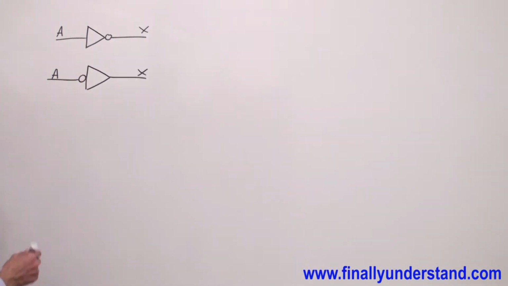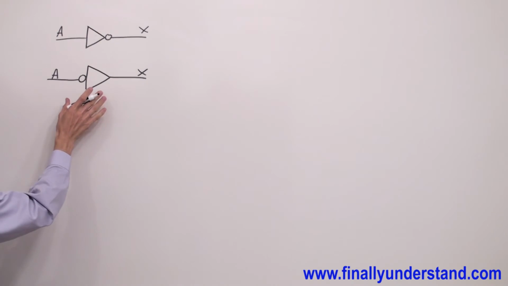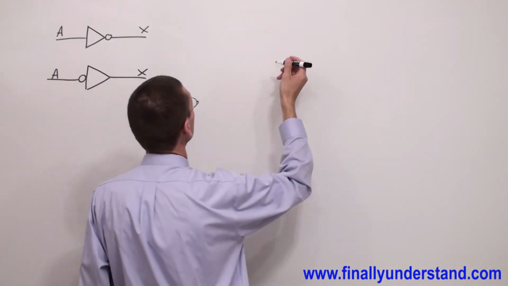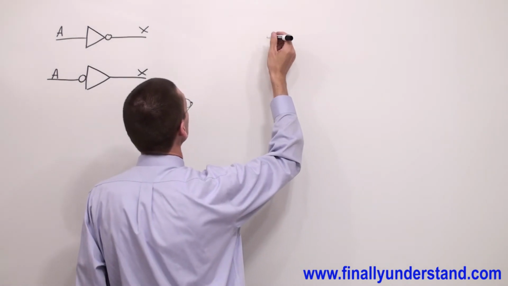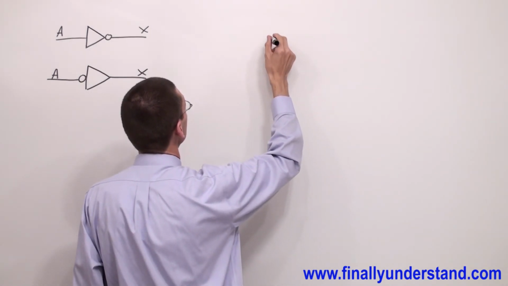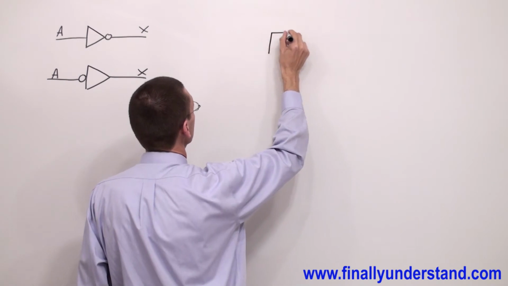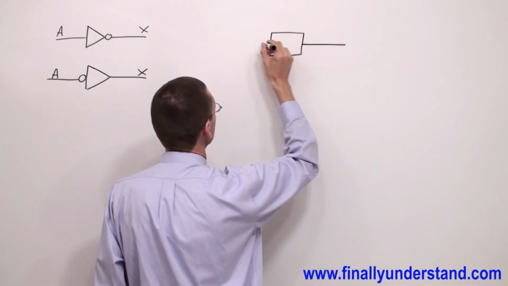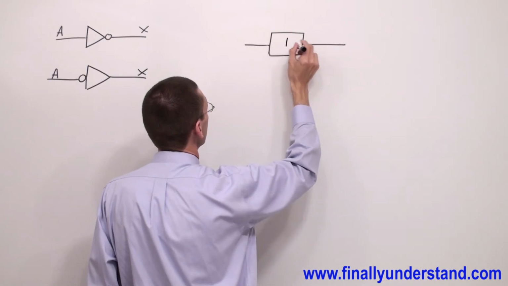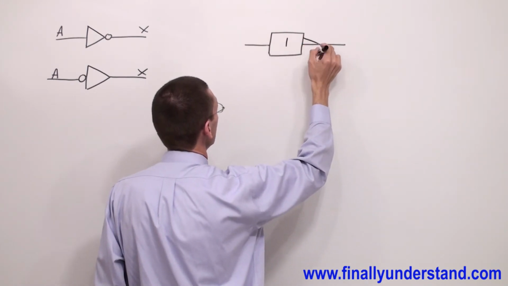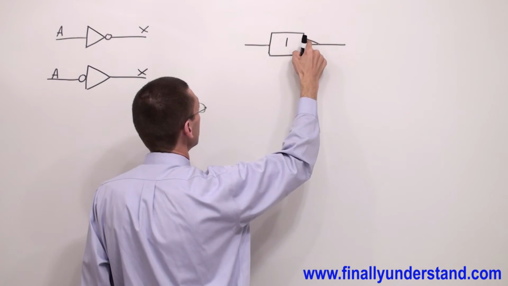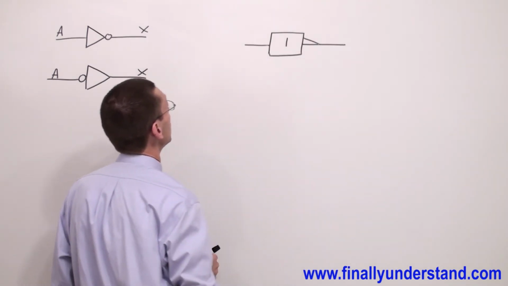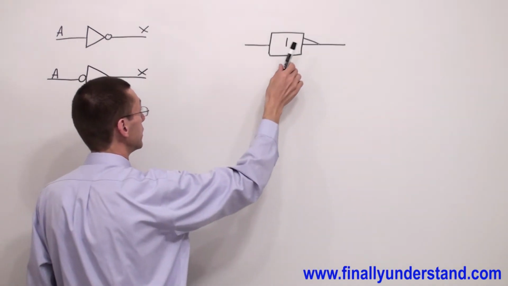So we discussed distinctive shape symbols. You can also draw the inverter in another way, which is called the rectangular outline symbol, which looks like this. We have the inverter and we have a triangle, where this triangle represents the polarity indicator.